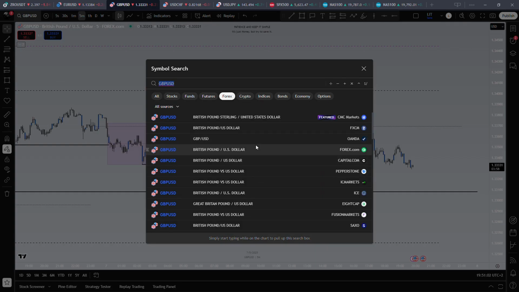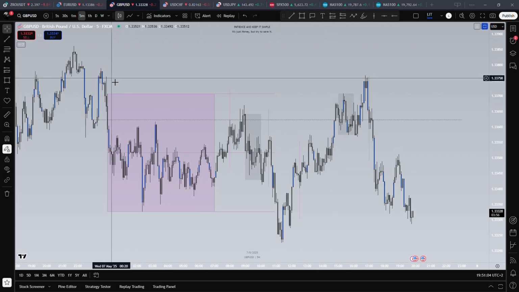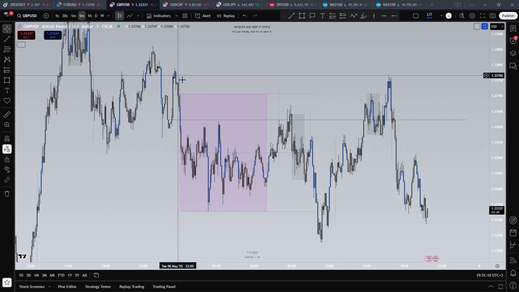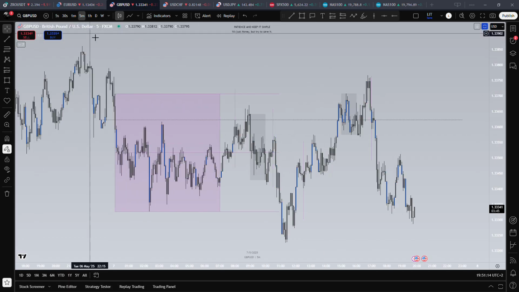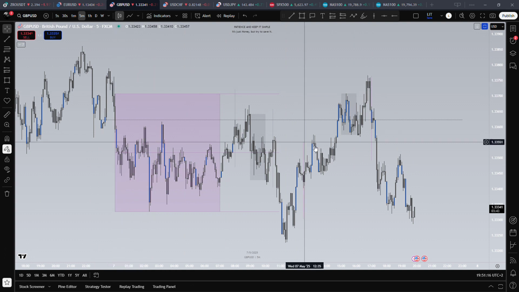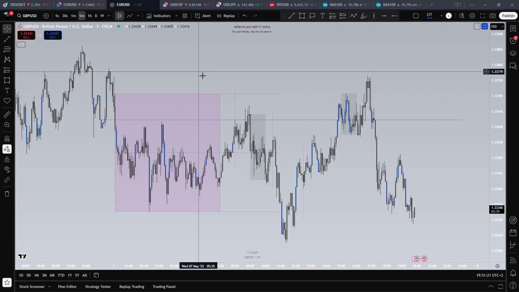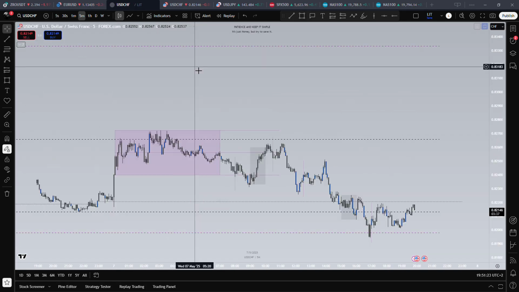I have forex.com, XCM. Here we had this high that took this low, so yeah, probably this would have been the one, the round liquidity here. So yeah, but that's all.